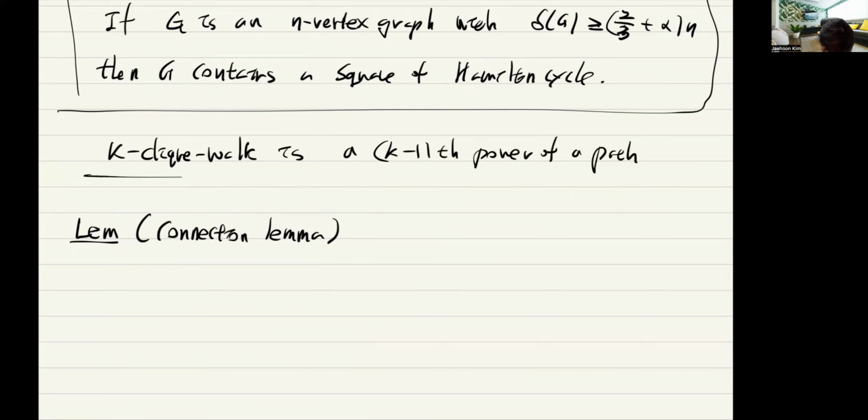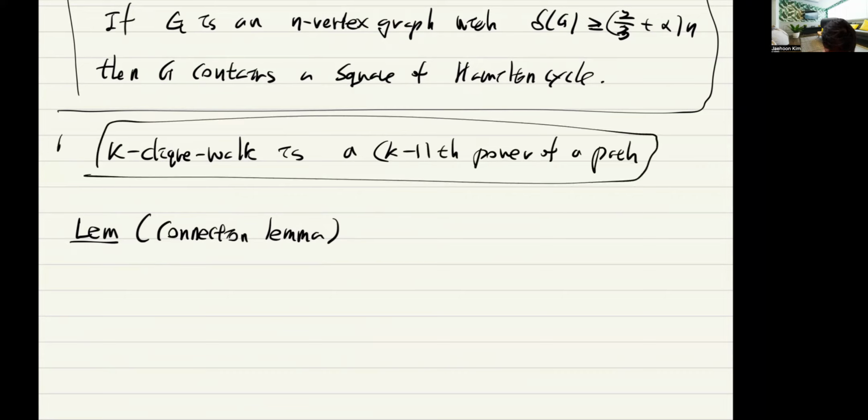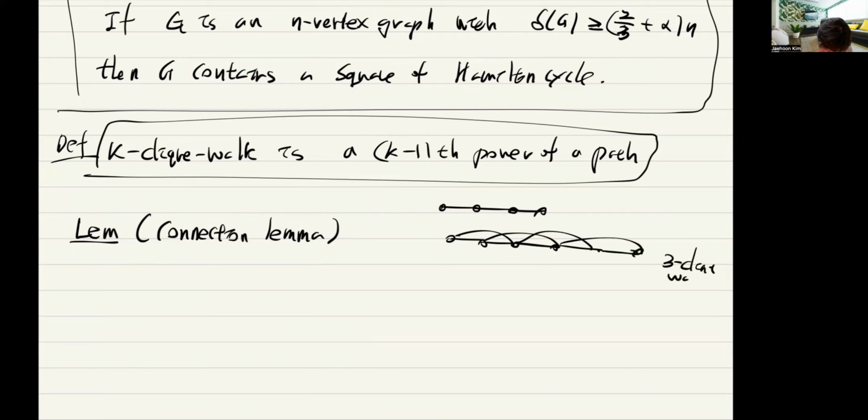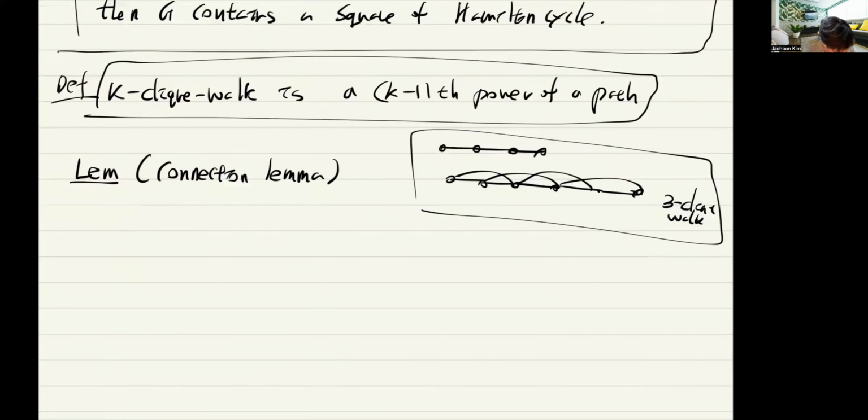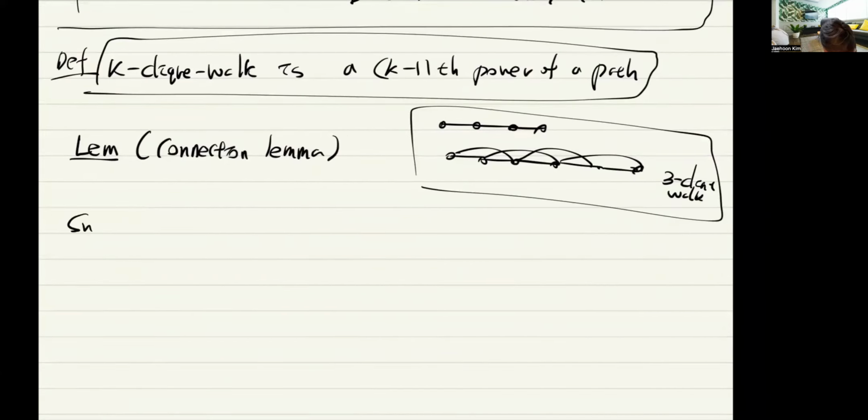So let's say the (k minus 1)th power of a path is a k-clique walk. So this is a 2-clique walk. This is a 3-clique walk. And so on. Okay, so what's this connection lemma?